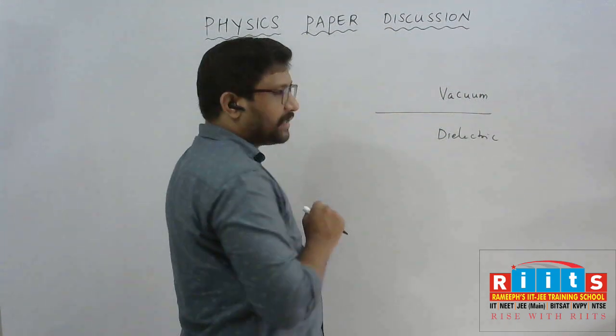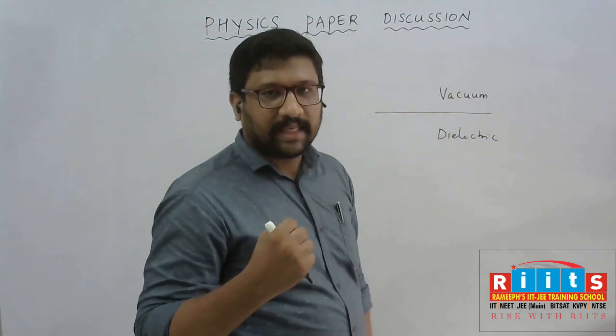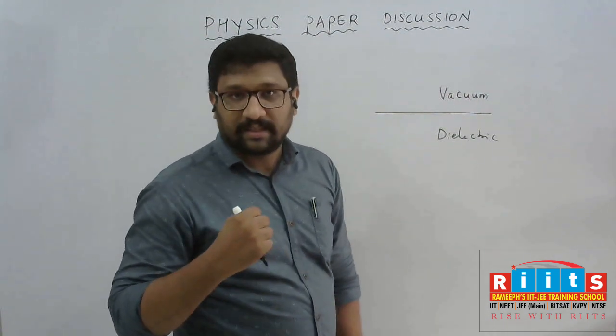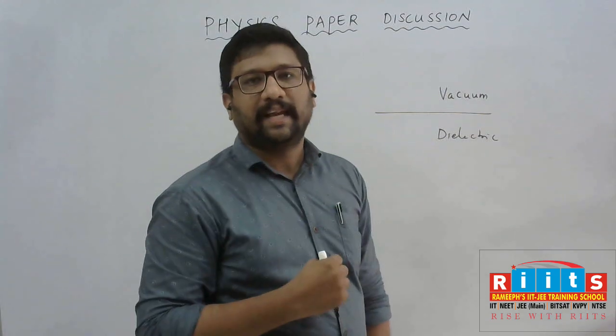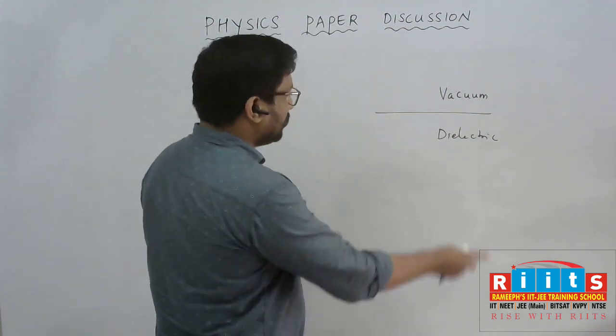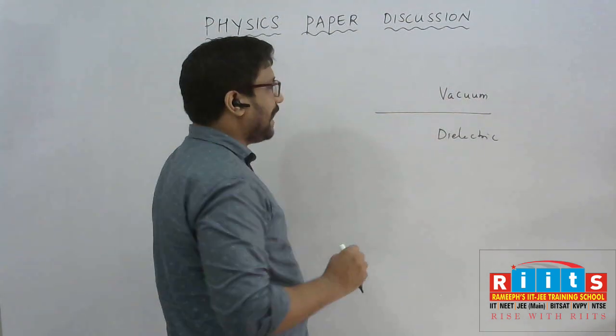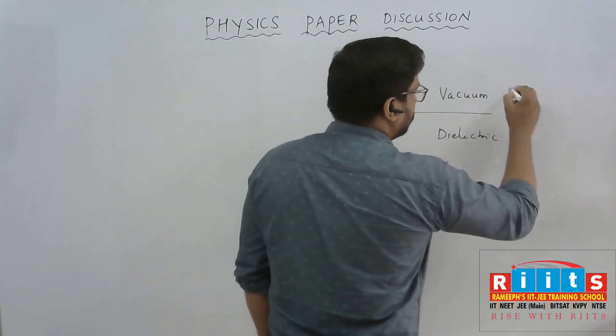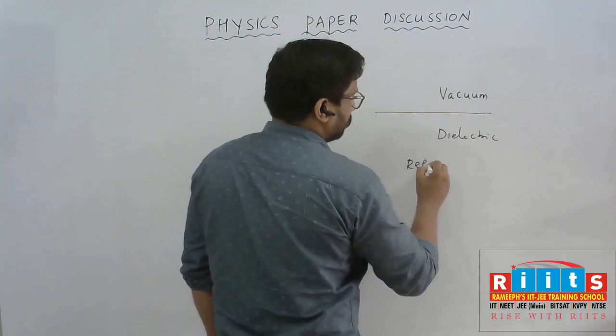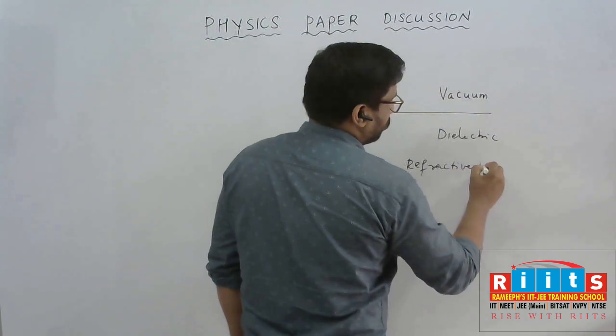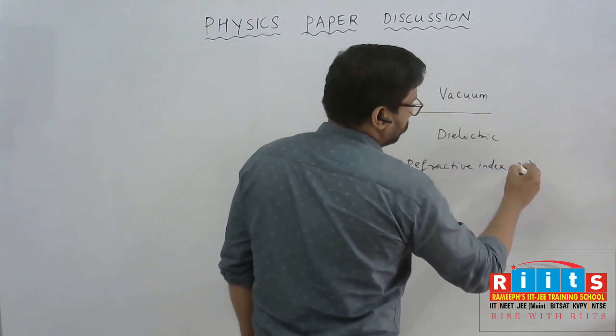Since it is an electromagnetic wave, we have studied these things already in optics. In optics, we are dealing with light. Light is nothing but an electromagnetic wave. So the term which helps for easy analysis is refractive index, the refractive index for the pair of media.